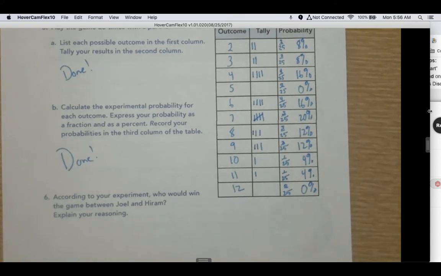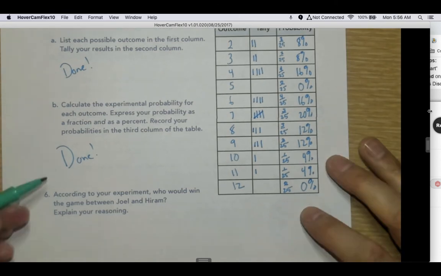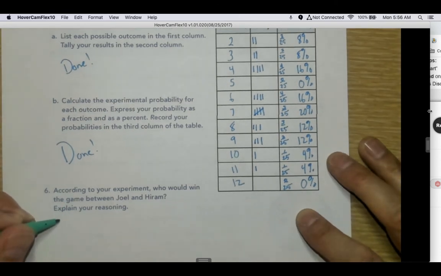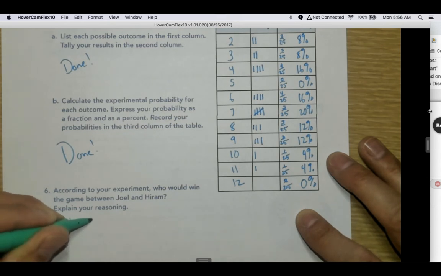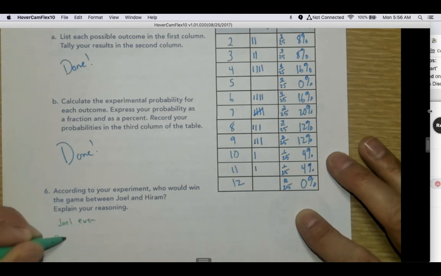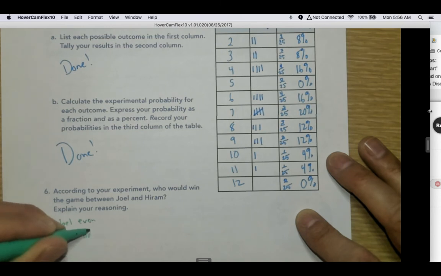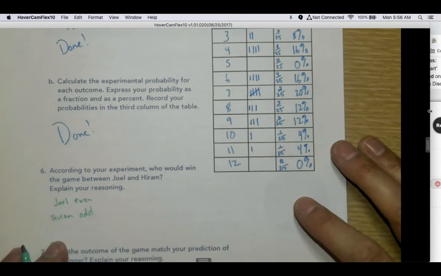According to your experiment, who would win the game between Joel and Hiram? Explain your reasoning. Okay, so let me see here. If I've got this right, Joel is even, Hiram is odd.